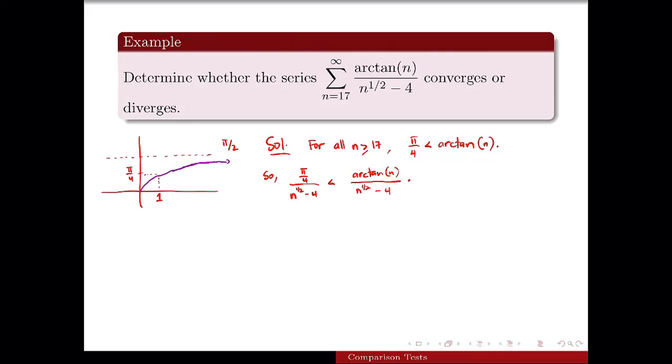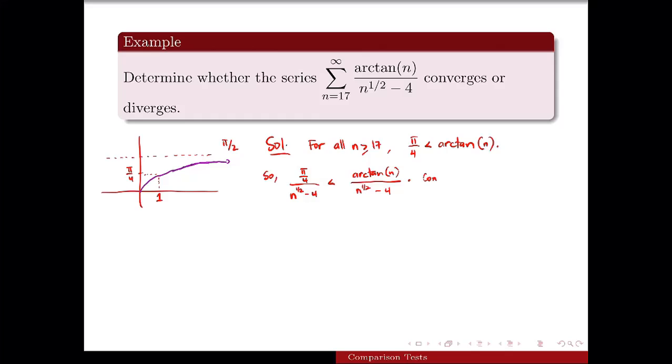So what we're going to do, we study this. We show that this is divergent. By comparison test, this will be divergent. But to show that this is divergent, we will use limit comparison test. Okay?